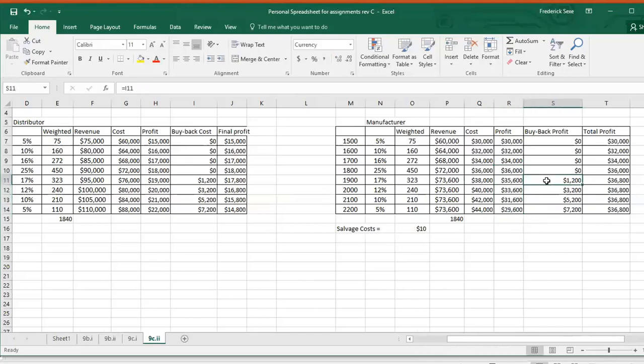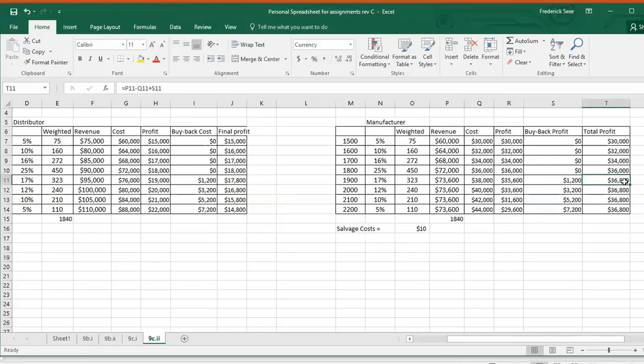So now we add the buyback profit in as a means to try to have them make more stuff. Okay, we want to try to find a point in which we can get them to build more.